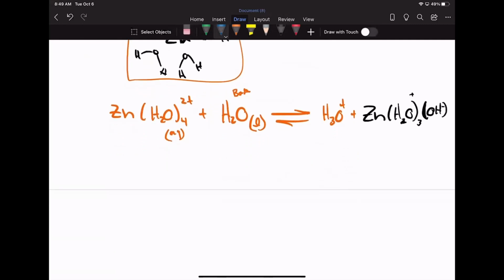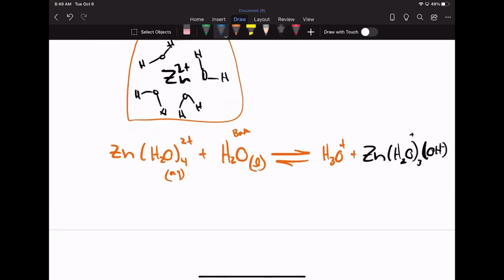So now we can come up with some kind of information. Let me give you the Ka for this. Say the Ka is 2.5 times 10 to the minus 10, and the concentration of the hydrated zinc is 0.25 molar, right?